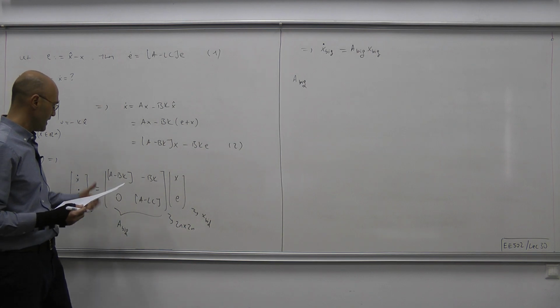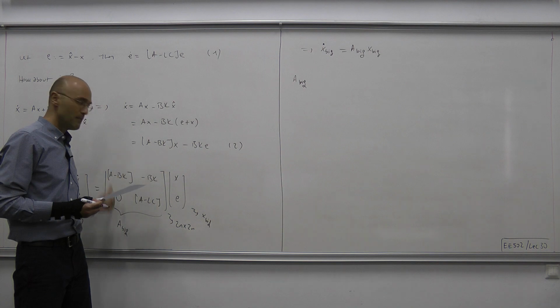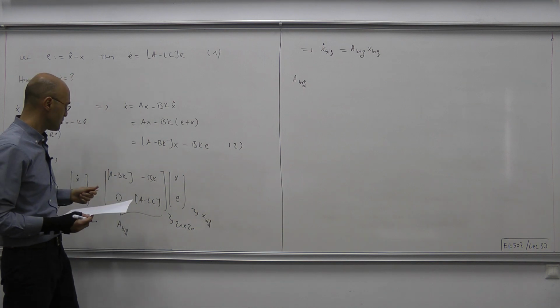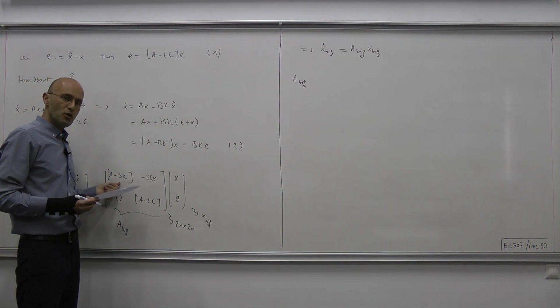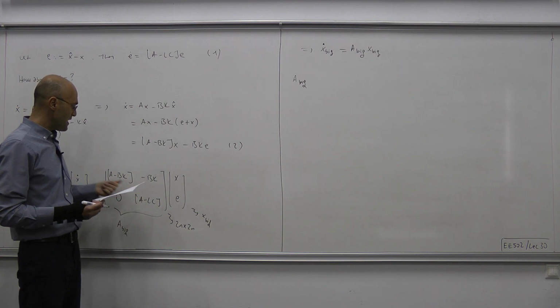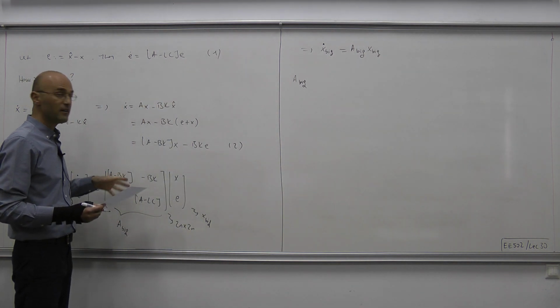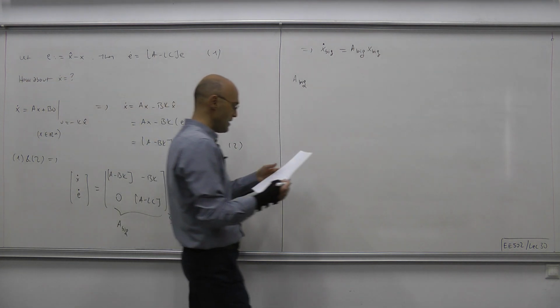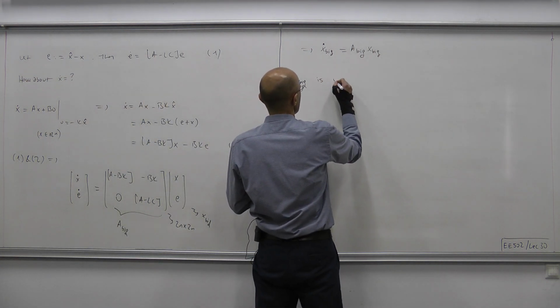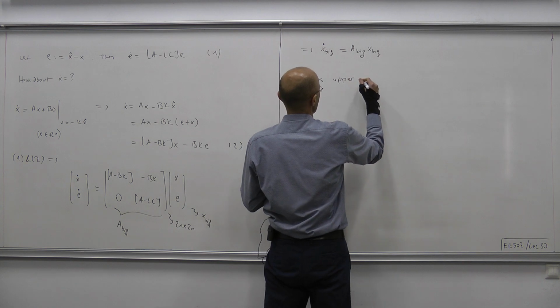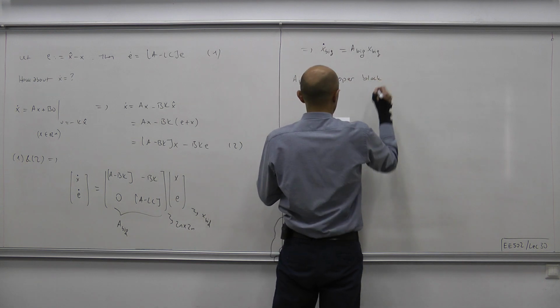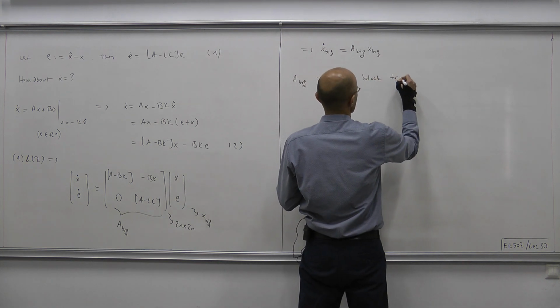Therefore the eigenvalues of that matrix are determined by the eigenvalues of the matrices that appear on the diagonal. So A big is upper block triangular.